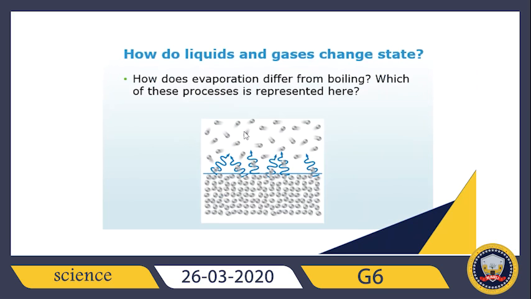So guys, again, if you want to change the state from gas to liquid, we need to decrease the distances between these particles, so they can again form the particle arrangement of a liquid.